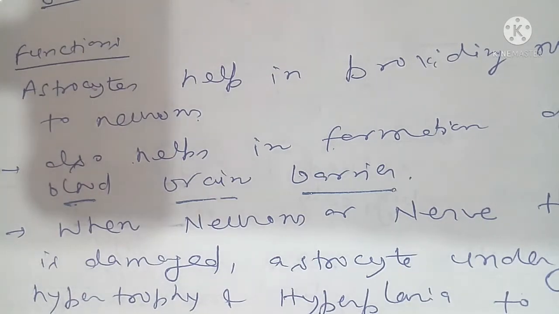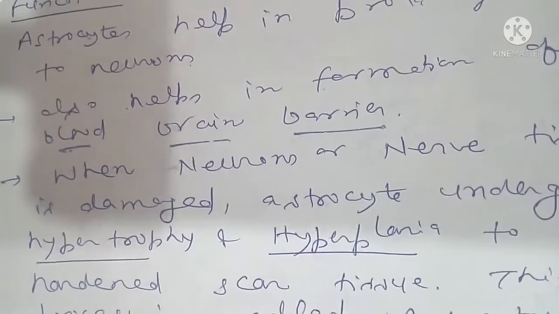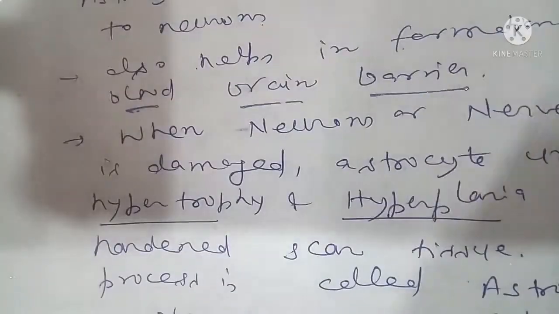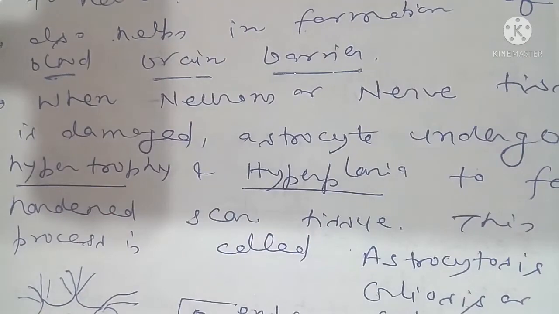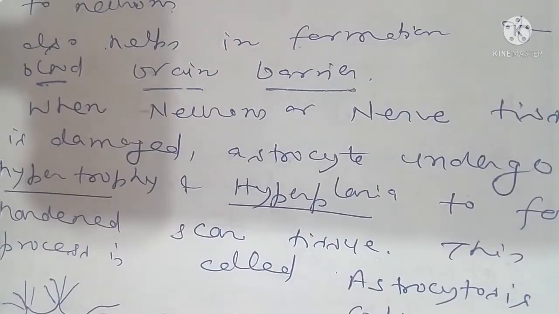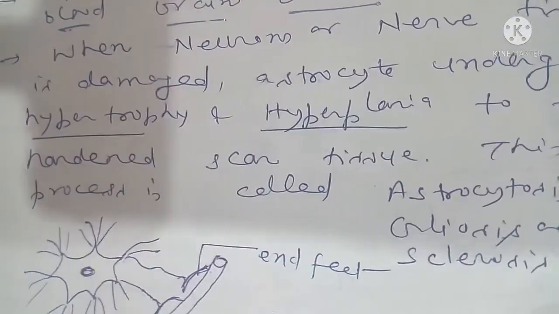It is an increase in the cell size, which also occurs in the case of the uterus. The hypertrophy and hyperplasia lead to the formation of hardened scar tissue, and this process is called astrocytosis, or also called gliosis or sclerosis.